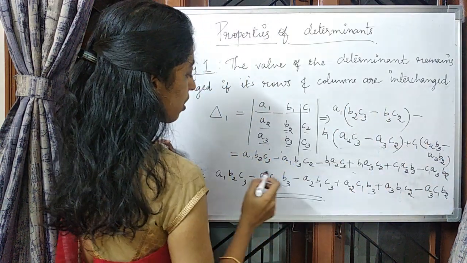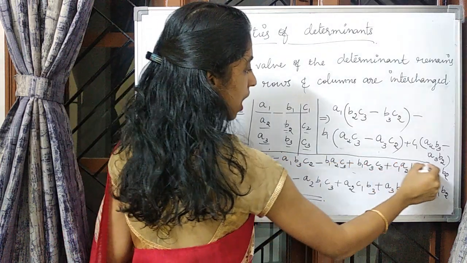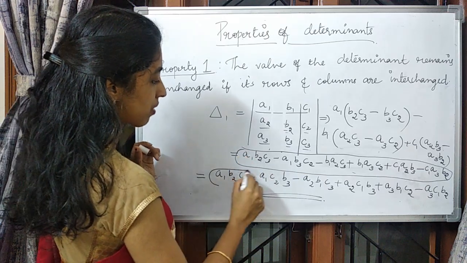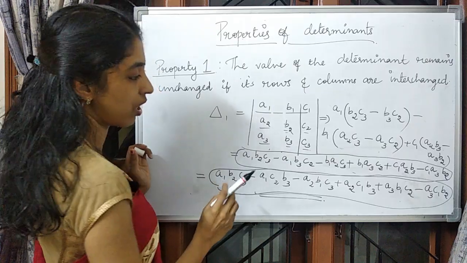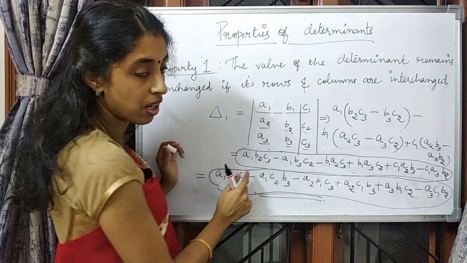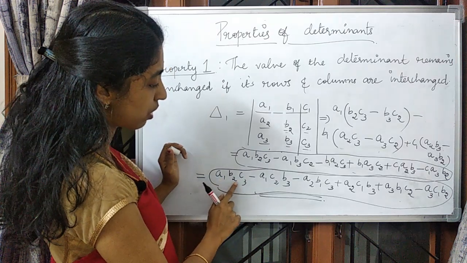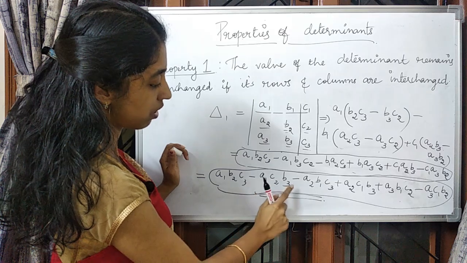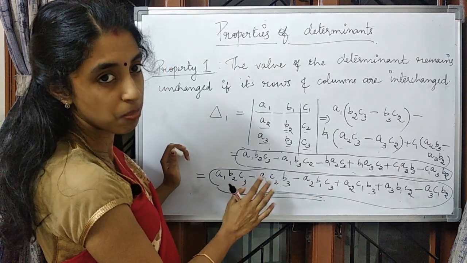So we need to check whether these two answers are equal. First term here is A1 B2 C3, and here also A1 B2 C3. Minus A1 B3 C2, and here A1 C2 B3; the order doesn't matter, it's multiplication.